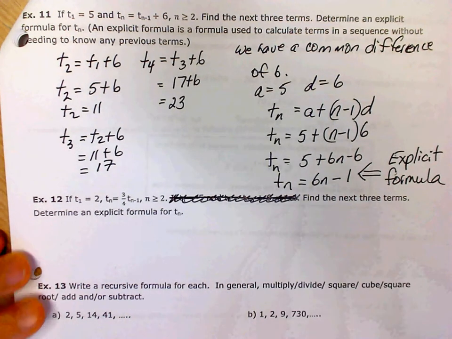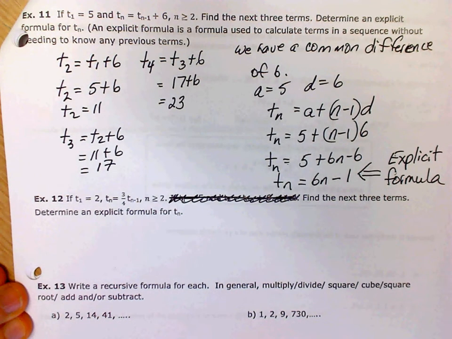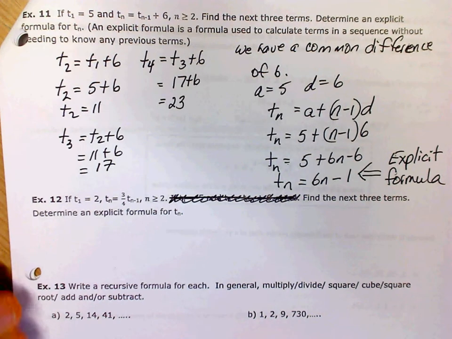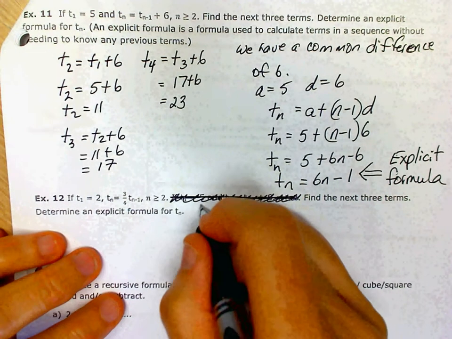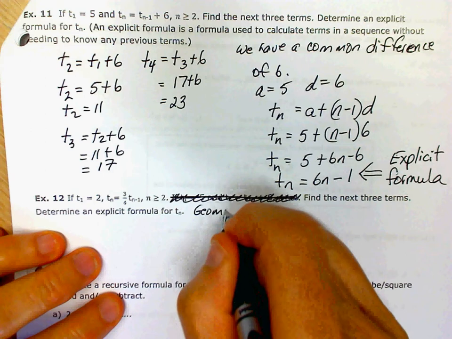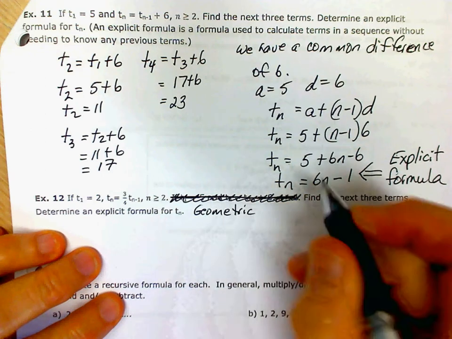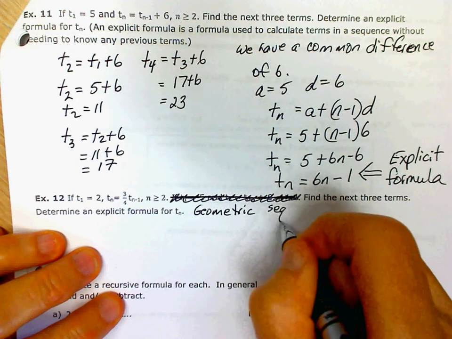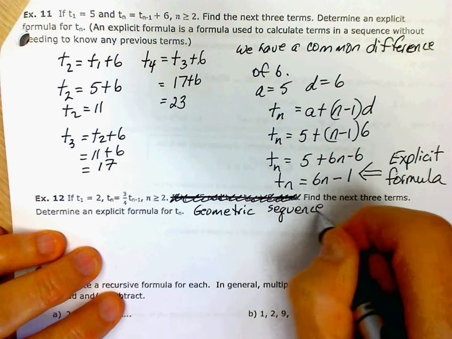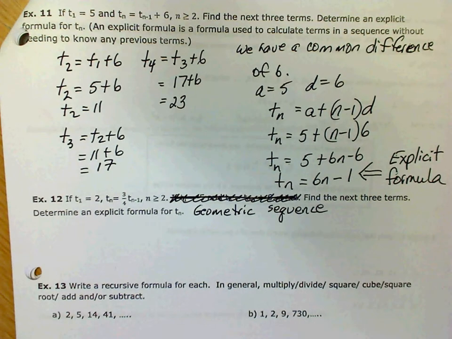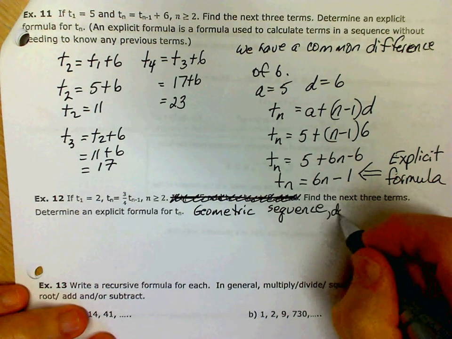Find the next three terms, determine an explicit formula. This is actually a geometric sequence, and we'll come back to this later.